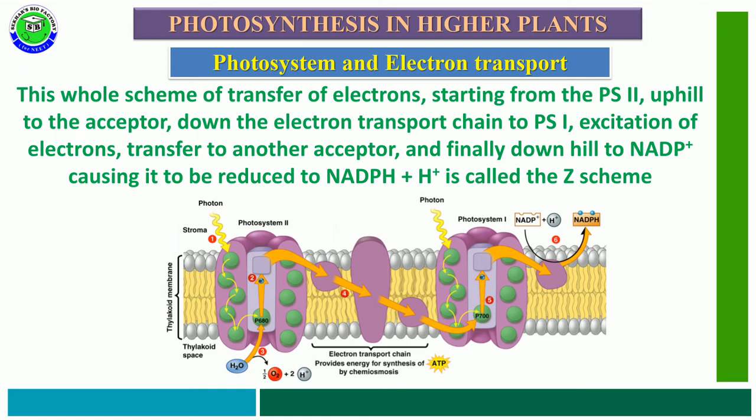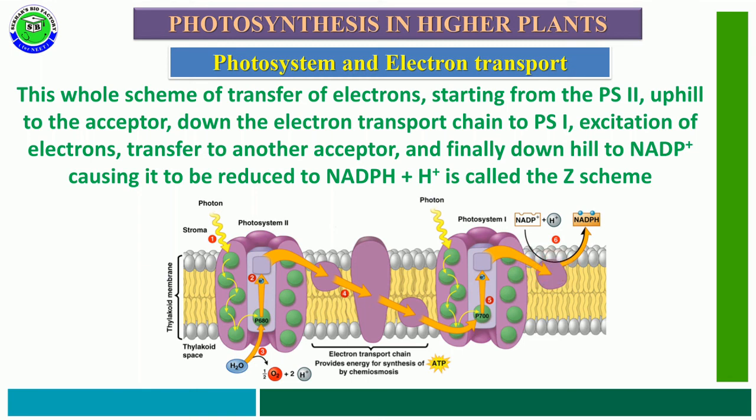The entire process of electron transport starts from PS2 with an uphill movement, then goes from the acceptor to cytochrome with a downhill movement, and finally the electron reaches the reaction center of PS1, and due to the excited state, the electron is again transferred to an electron acceptor. Finally, with a downhill movement, it reaches NADP plus.